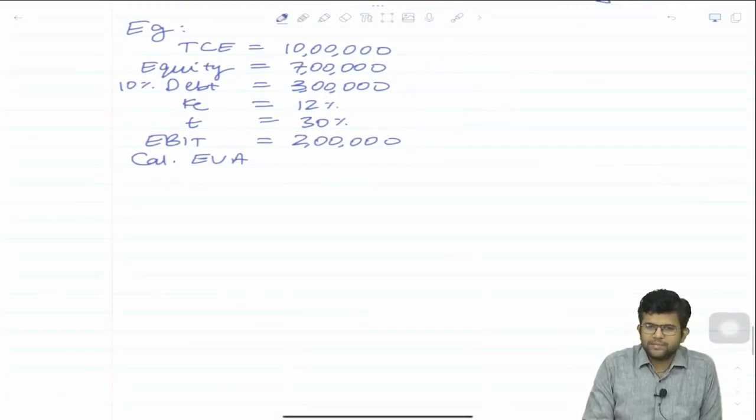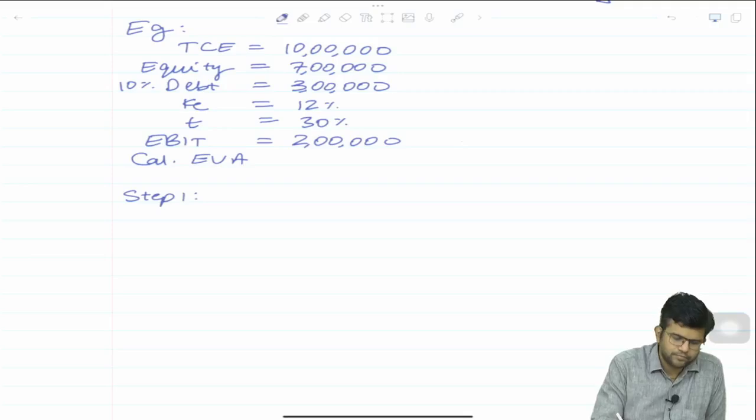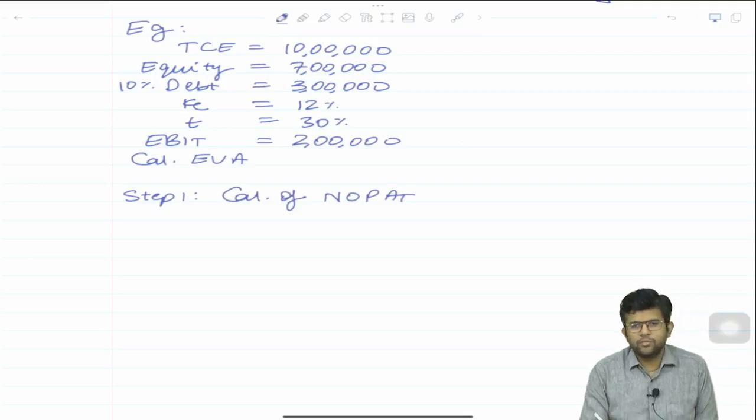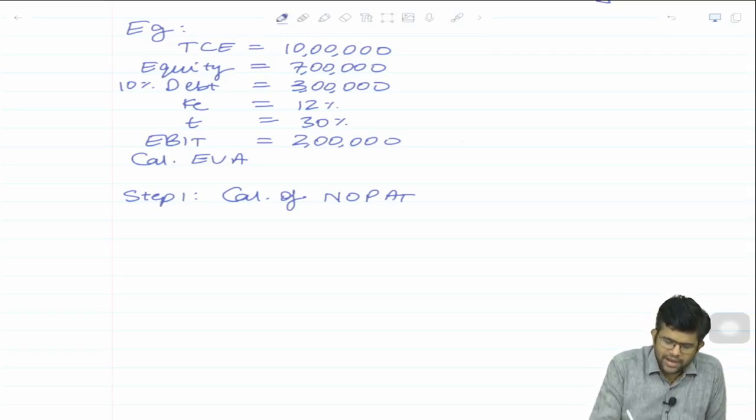Now there are 3 steps of calculating EVA. Step 1. Calculation of NOPAT. What is NOPAT? We have heard NPAT. What is NOPAT? Net operating profit after tax. NOP in ratio analysis you must have studied is nothing but EBIT.